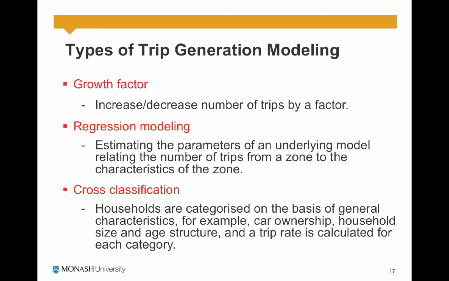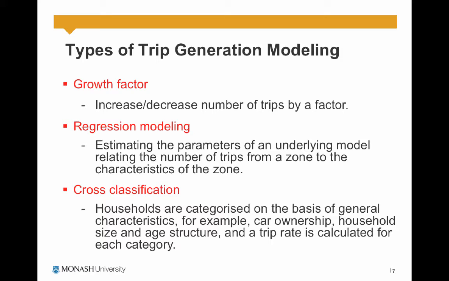Cross-classification usually considers households and categorizes them on the basis of general characteristics such as car ownership status of the household, household size and age structure, and a trip rate is finally calculated for each category.